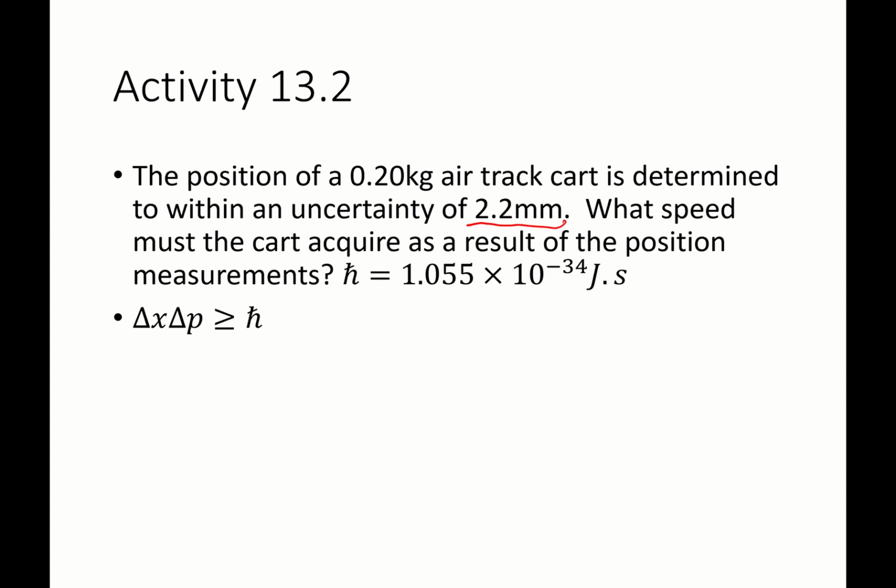We want to know what speed it will acquire as a result of the position measurement. Remember, momentum is mass times velocity, and you want to find v. So you've got the mass, you've got the delta x, remember to put that into meters, and you want to calculate what is delta v as a result of the measurement.